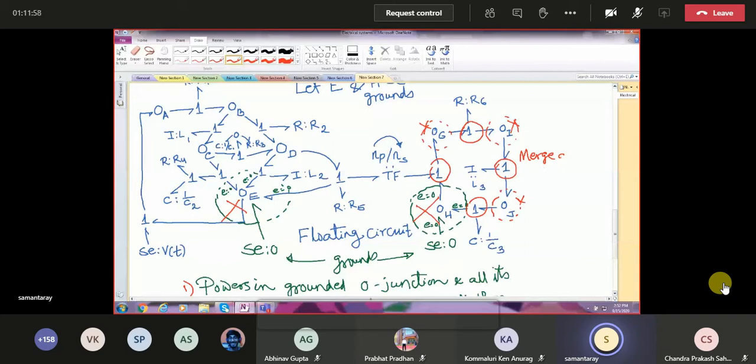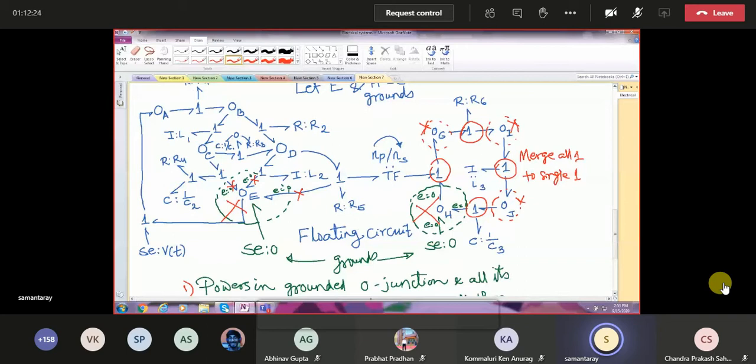On the other side, all these are gone. And then you see here, this 1 junction has only 2 bonds. So this can be removed. And this has already merged with this. So we will have only this remaining.